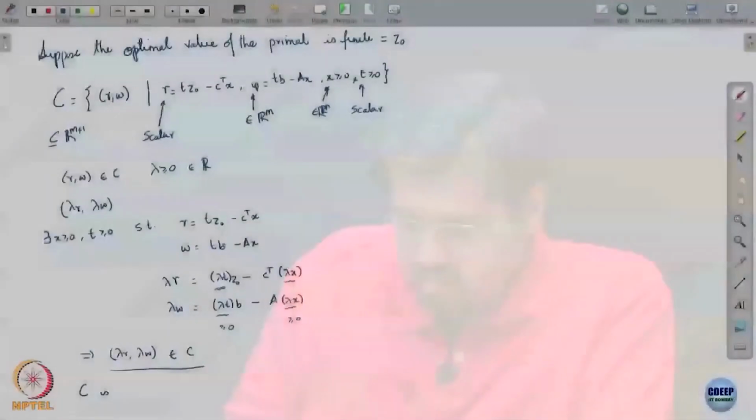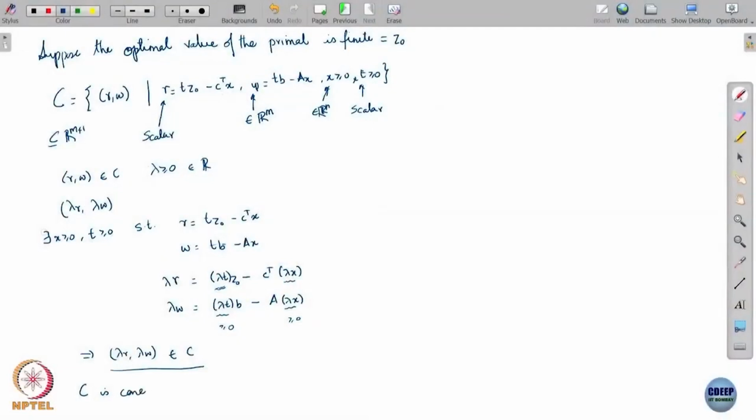It is a cone. So, C is a cone. It is also very easy to show that C is actually a closed cone.